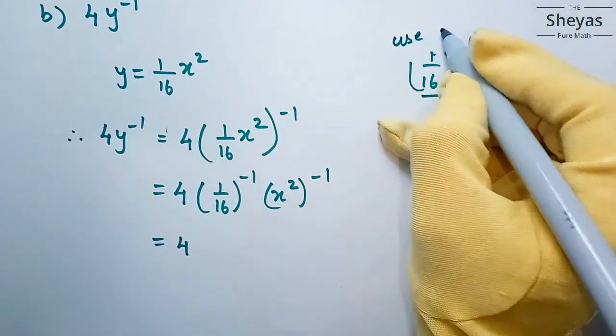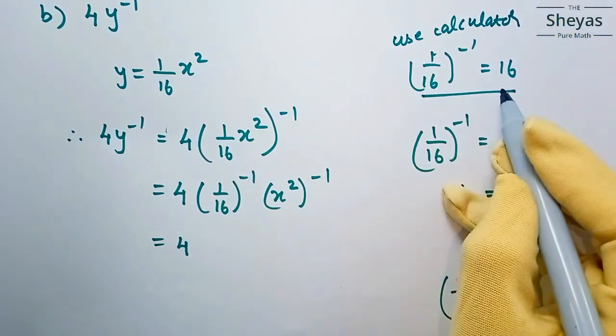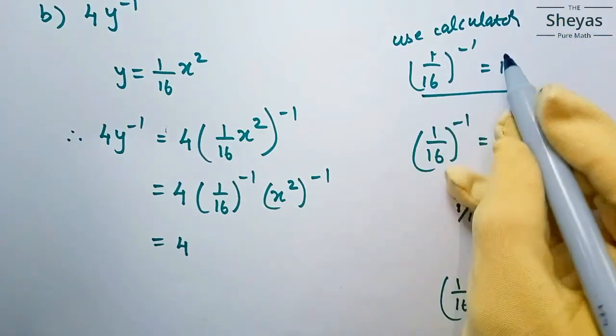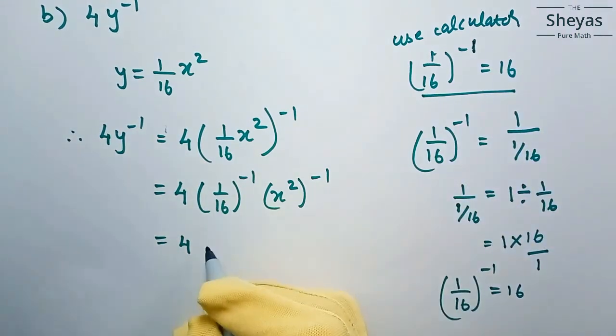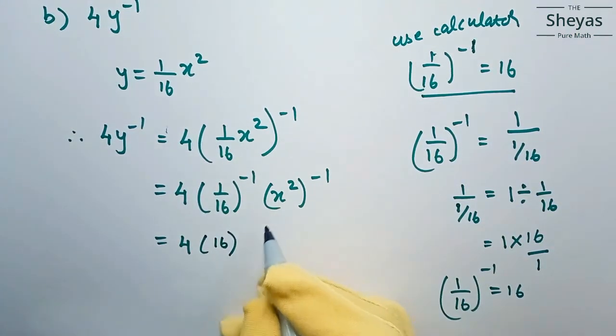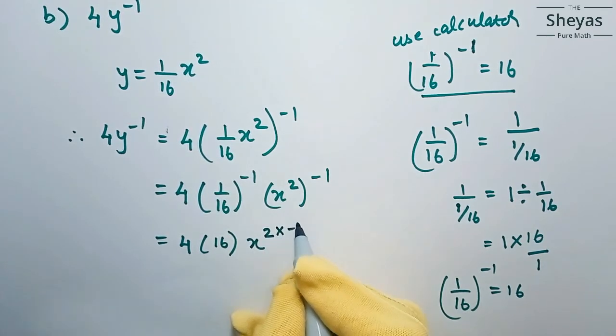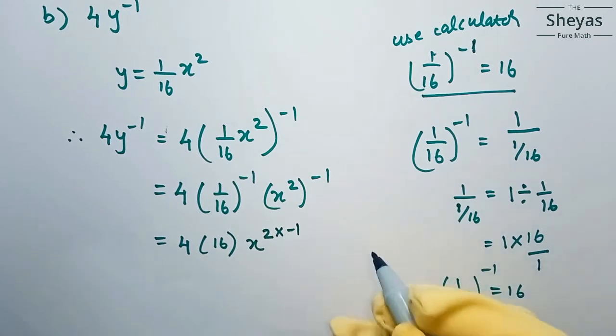Use the calculator and find the answer directly. 1 by 16 the whole power minus 1 is equal to 16. So I am writing the answer here, 16. Then x power 2 into minus 1.